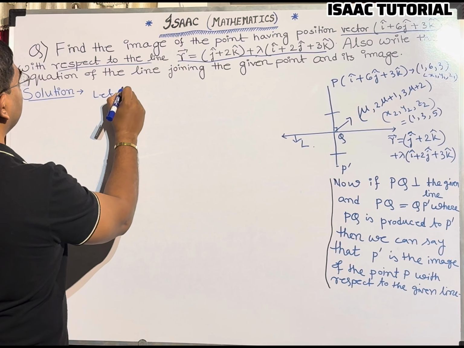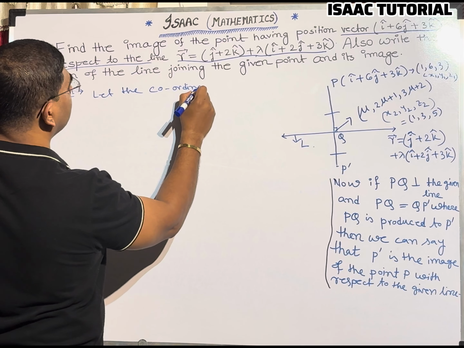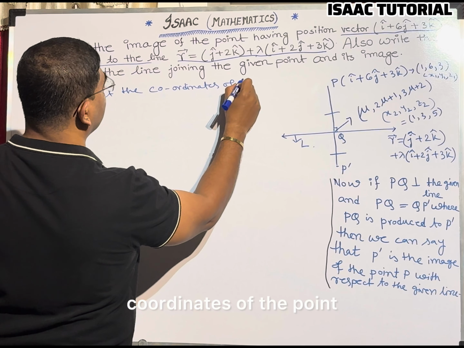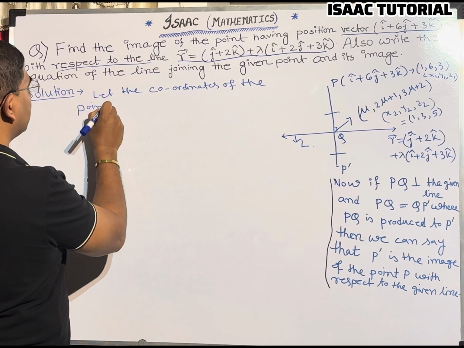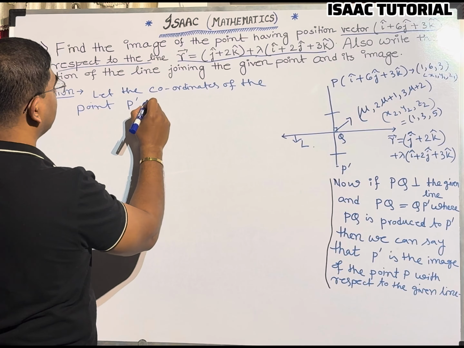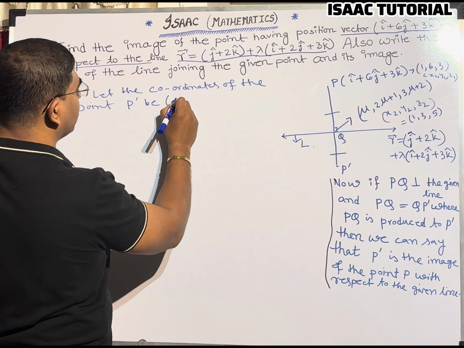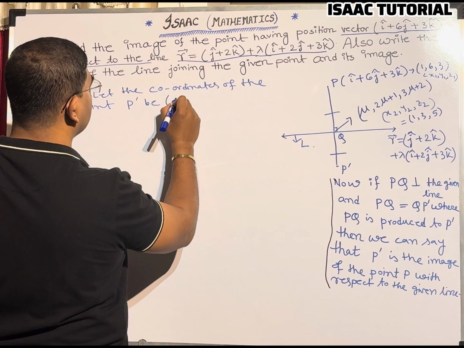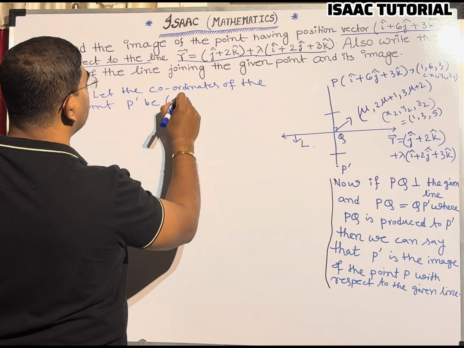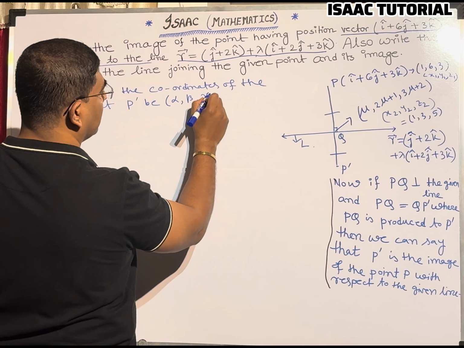Let the coordinates of the point P dash be alpha, beta, gamma.